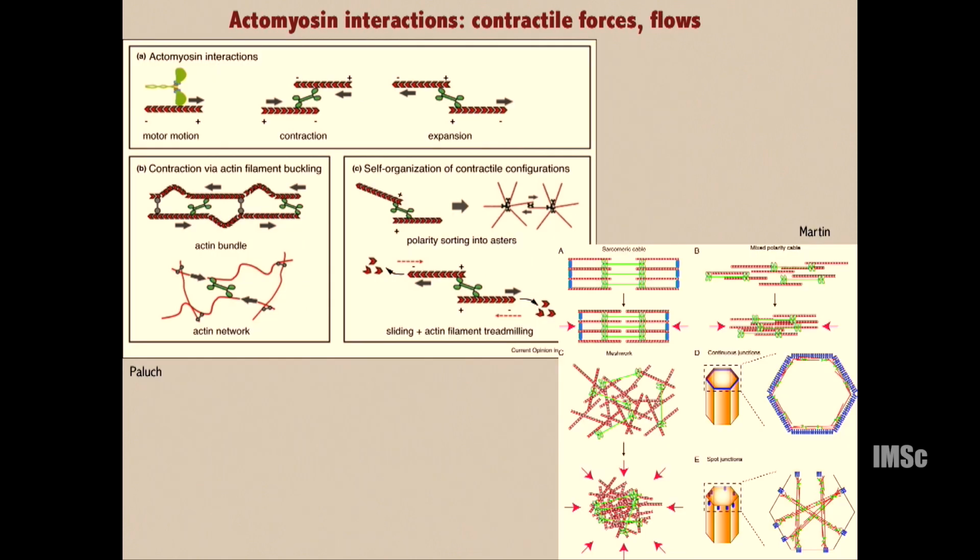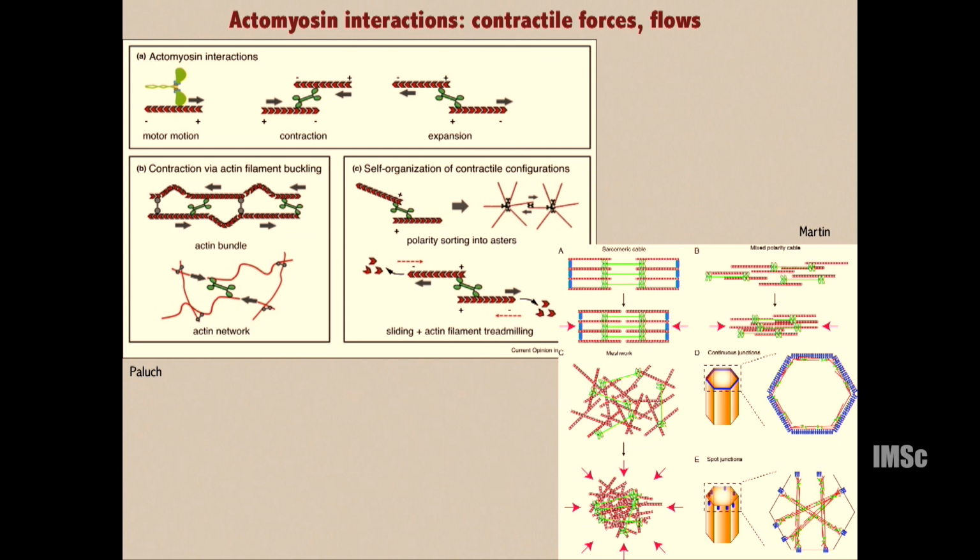And depending on how it's organized with myosin, and here you will see that the orientation of the filaments, which are also polarized, influences whether you'll have contraction or expansion.